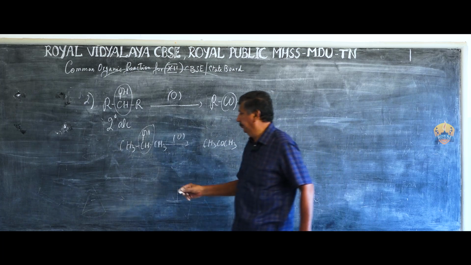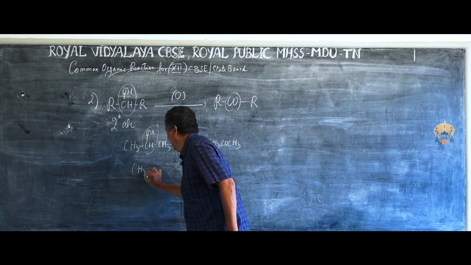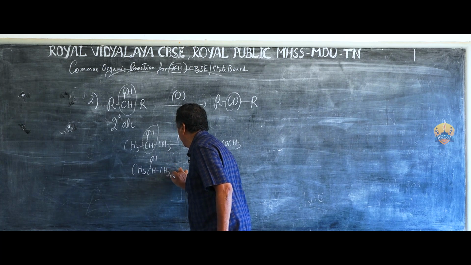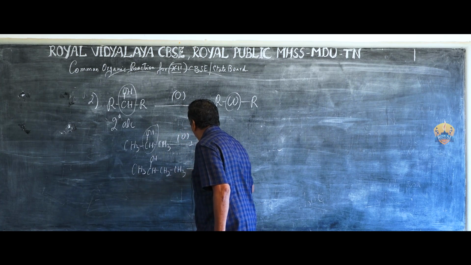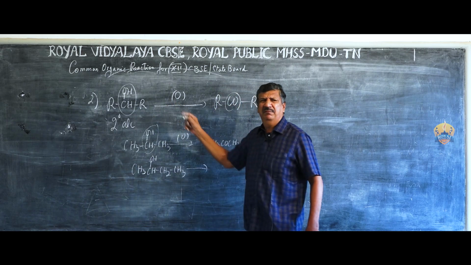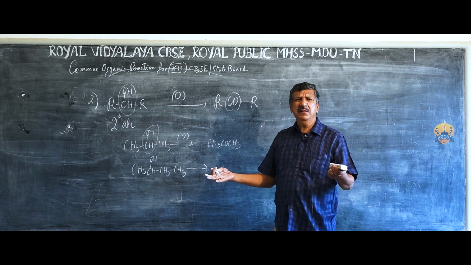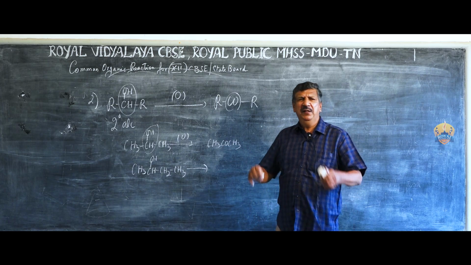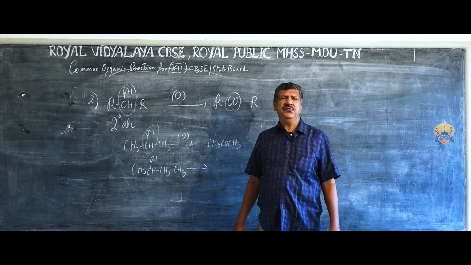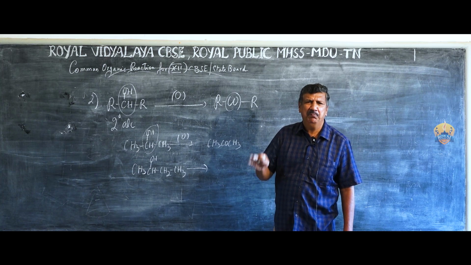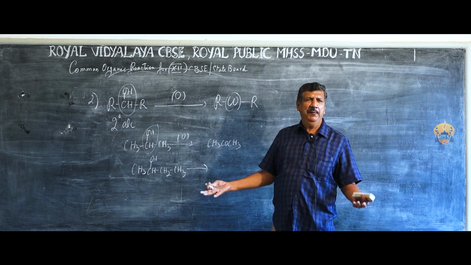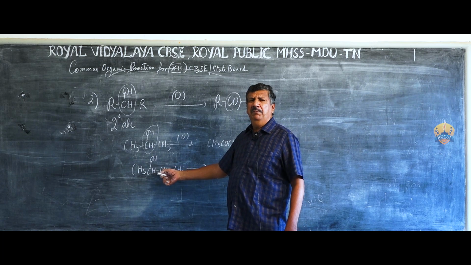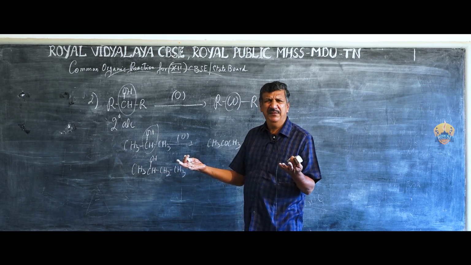When they give secondary butyl alcohol, don't learn all these reactions individually. Learn the concept. If you learn the concept, you are the authority of chemistry. If you learn all the reactions, you are not going in the proper way. That's very important. So, when they give secondary butyl alcohol, you should say nothing, sir.